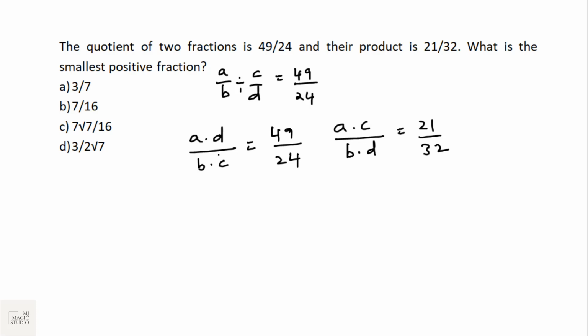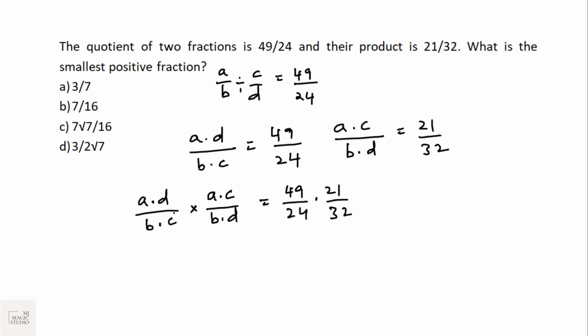Okay. So if I multiply this, then what I'll get? A into D by B into C into A into C by B into D equals 49 by 24 into 21 by 32. C cancel, D cancel.